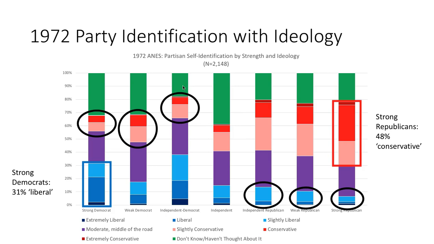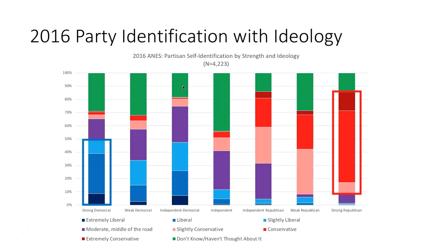Now, think about this graph, in particular strong Democrats at 31% liberal, strong Republicans at 48% conservative. Watch what happens in 2016. Among strong Democrats, it increases to 49% liberal.